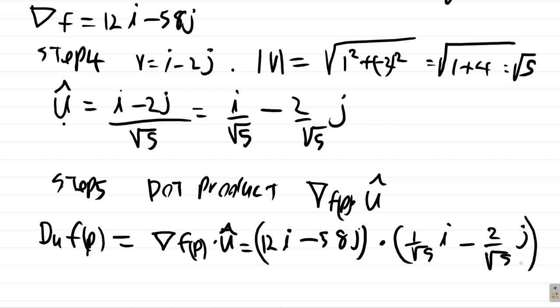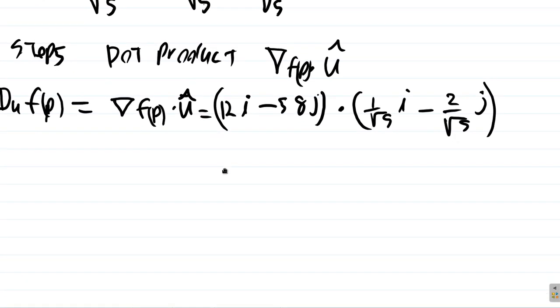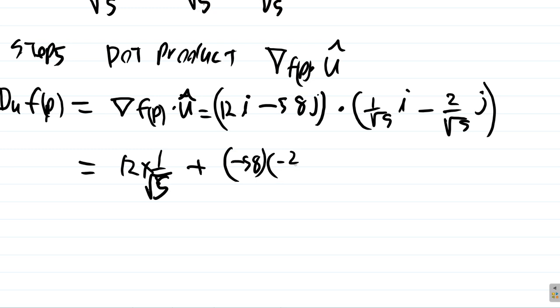I'll separate the numbers on the i's and j's here, because it might be easier to see what's going on in that case. And remember, it's going to be a scalar, right? i times i plus j times j. So what we have here is equal to 12 times 1 over square root of 5, plus negative 58 times negative 2 divided by square root of 5.